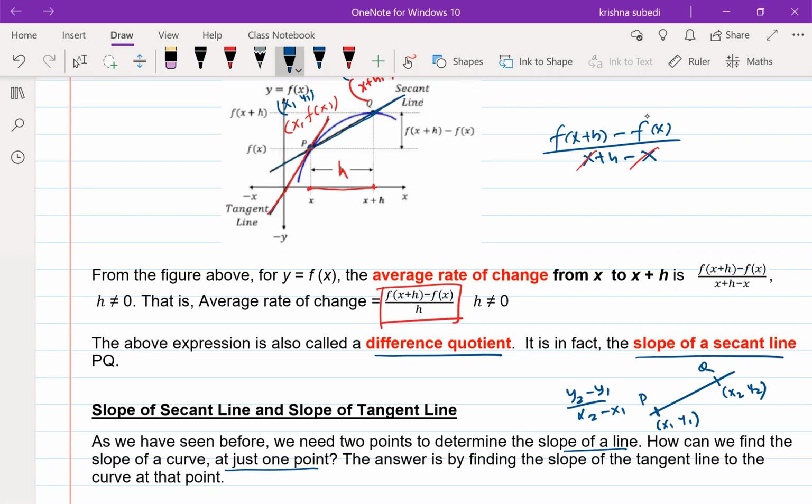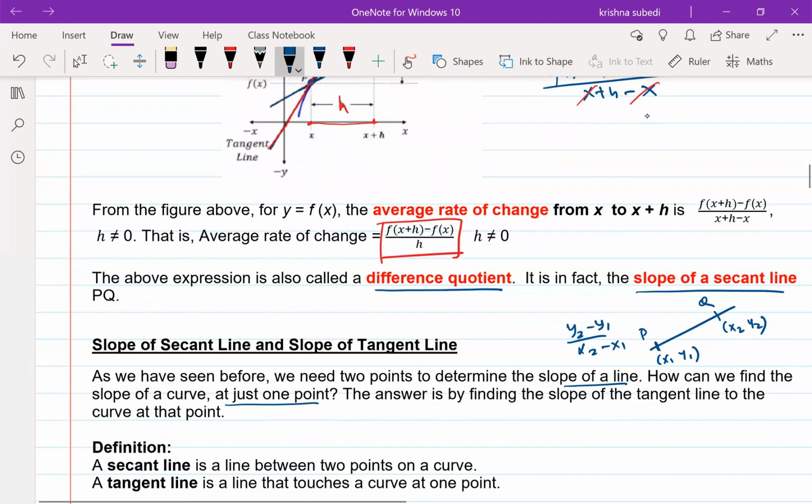So if we want to find the slope of this curve at a point P, then we need to find the slope of the tangent line passing through that point P. So the slope of the curve at a point is actually the slope of a tangent line passing through that point.